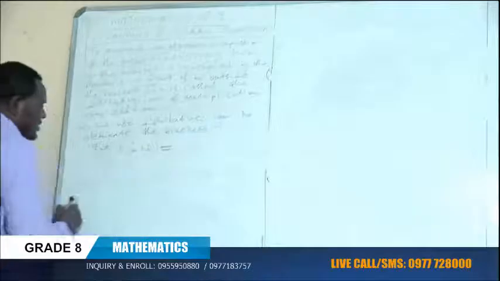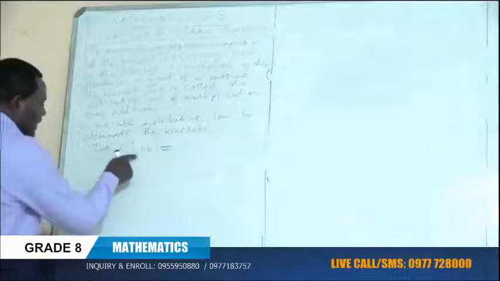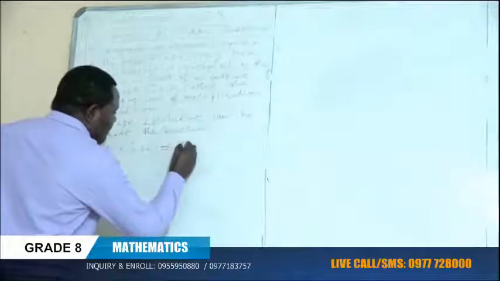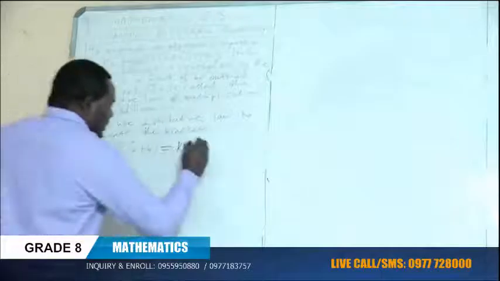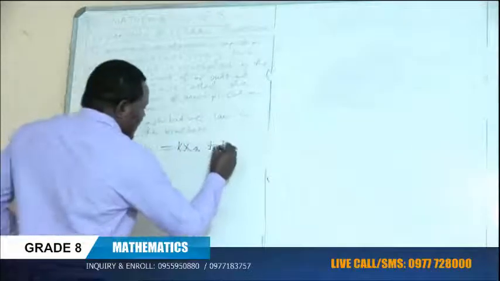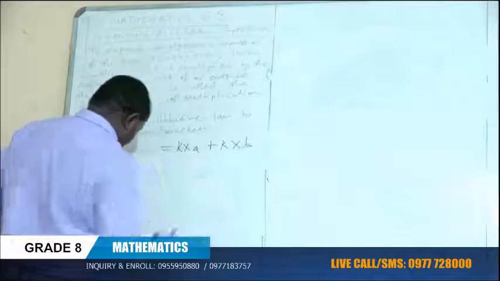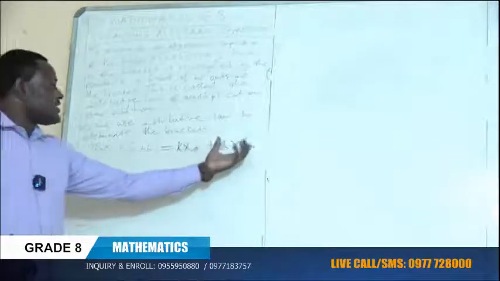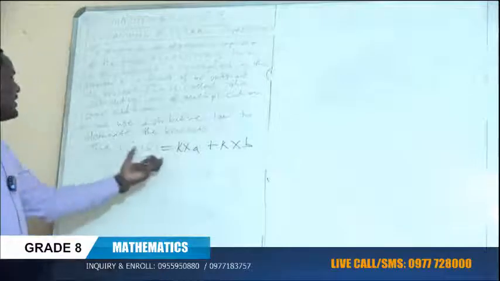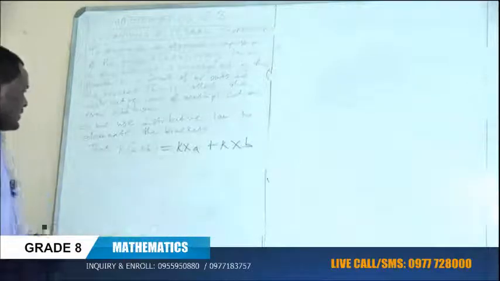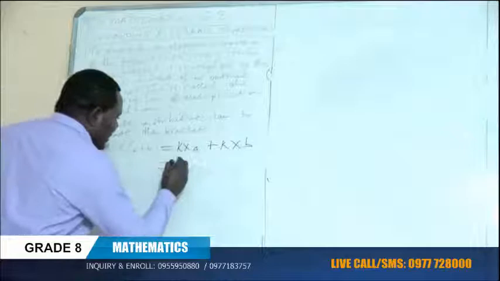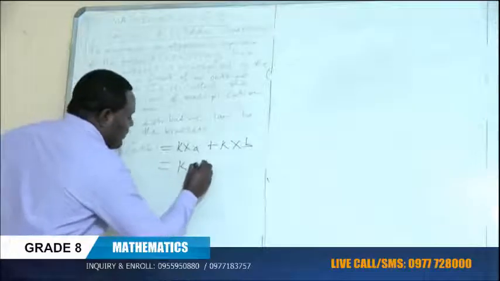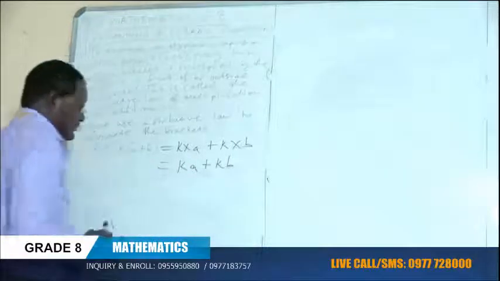So k multiplied by a plus k multiplied by b. Multiplication has been distributed in this case, so we end up having ka plus kb.